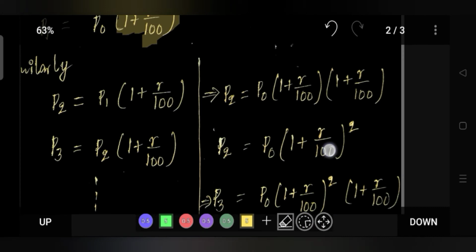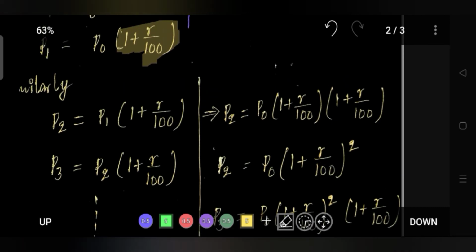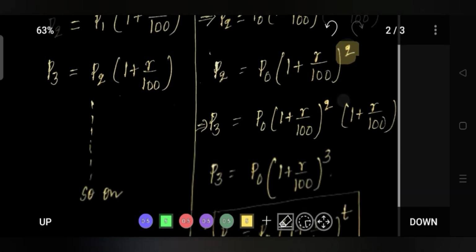For the P2, the interest is compounded two times, which is why we got the power as 2 here. Likewise for the P3, the interest is compounded 3 times, so that is why we got the power as 3.